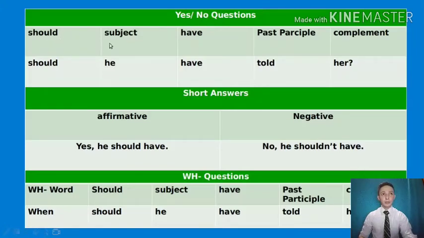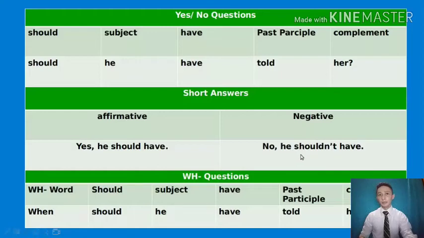To make yes/no questions, this structure: should plus subject plus have plus past participle plus complement. And we have an example here. Should he have told her? We are making yes/no questions. For short answers, for affirmatives, we can say yes, he should have.